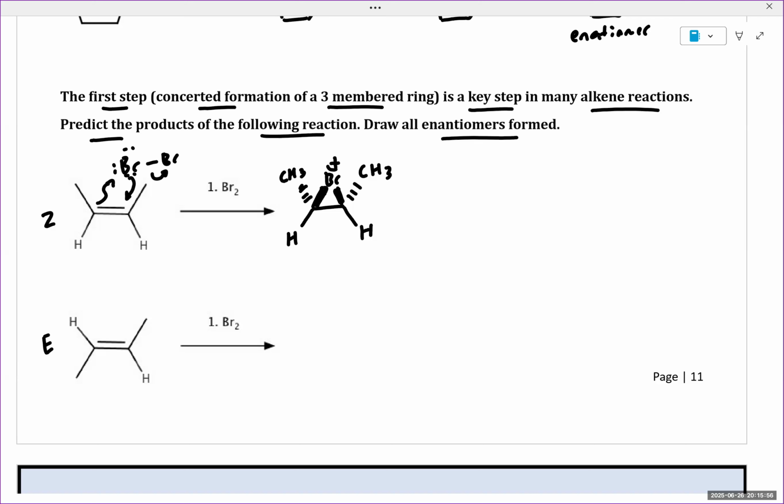Okay, from here, this bromonium ion can be opened up. In this case, both sides are equally substituted, so we don't have anything to worry about there. So we're going to open up the bromonium ion from the opposite face, and that in turn yields the following.